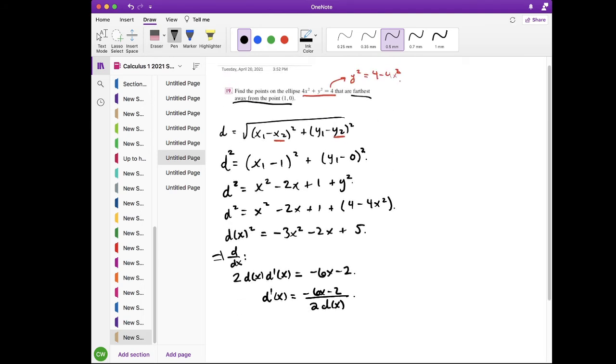Okay, why don't I care about d of x? Oh, we can actually even simplify this. This is negative 3x plus 1 over d of x. Why don't I care about d of x equals 0?